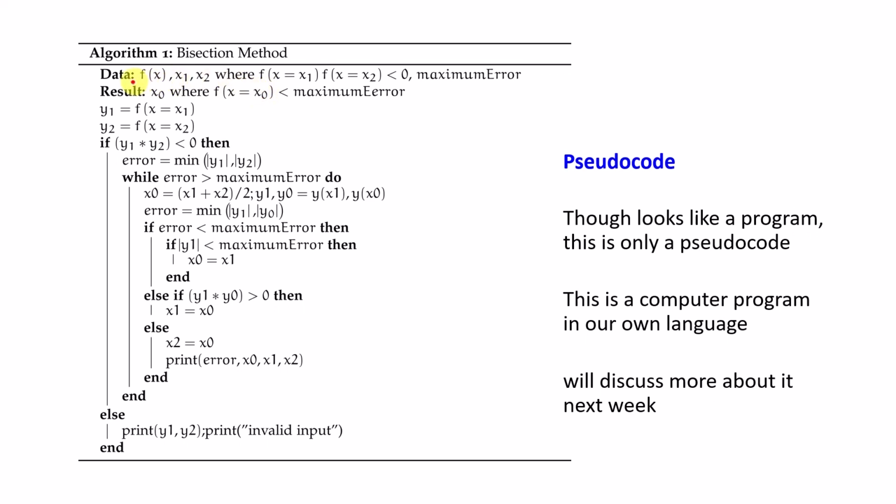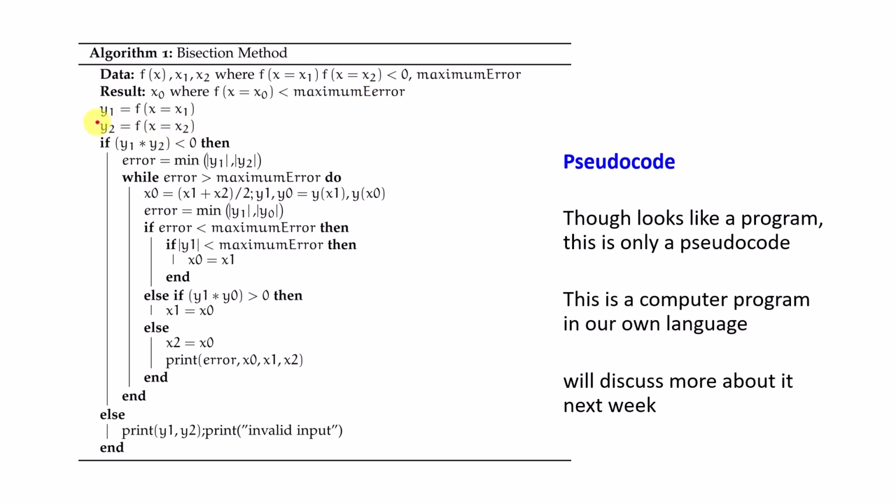Here, this is the input. Input is f of x, x1 and x2, where f of x1 multiplied by f of x2 is less than 0. And we are also giving an input of this maximum error, which is the epsilon or the stopping criteria. The final result will be x naught, where f of x naught is less than this maximum error epsilon.